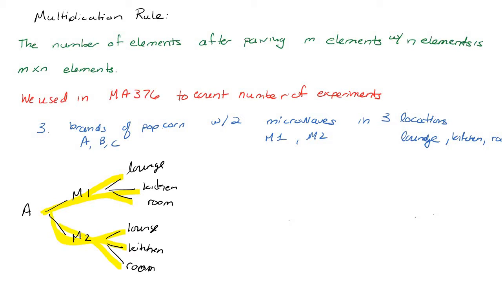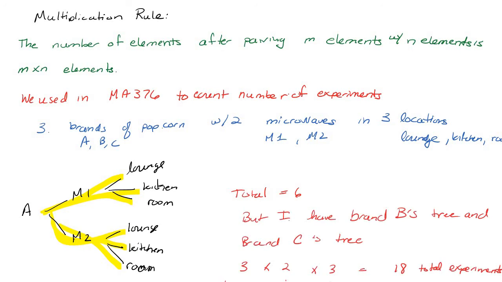So then you count the number of paths. The total number of paths that you're going to get here is 6. But you also have to do the same tree for brand B and brand C, and there's symmetry in them. There's 3 different trees, times 2 microwaves, and then the 3 locations, which gives you a total of 18 experiments.